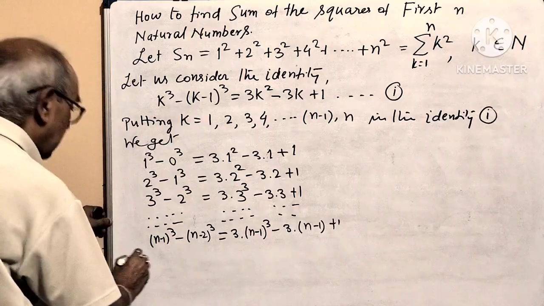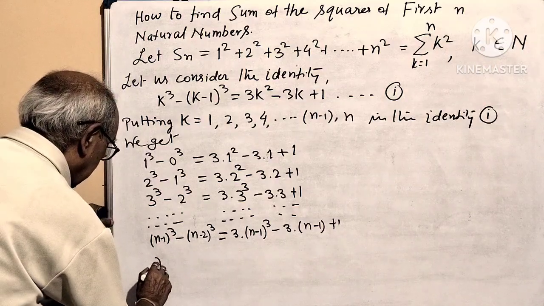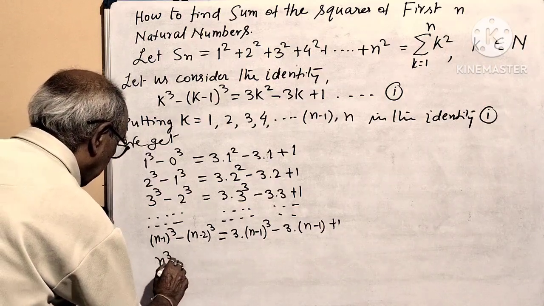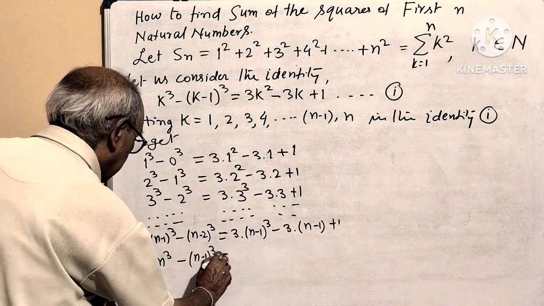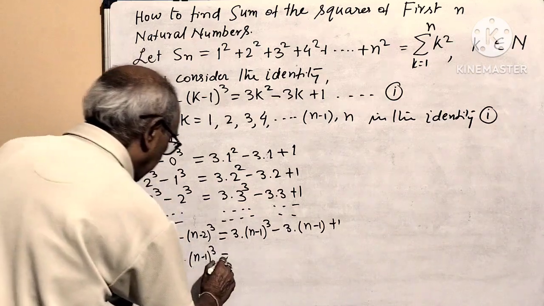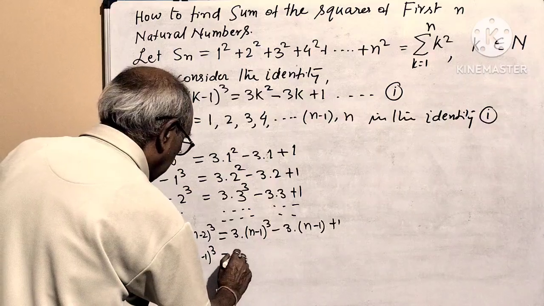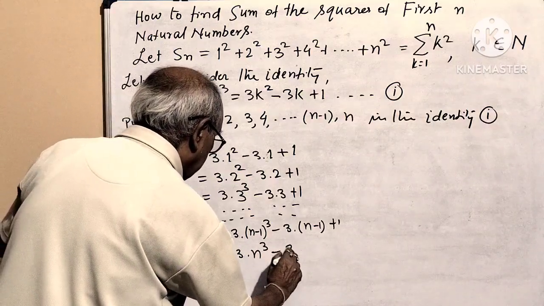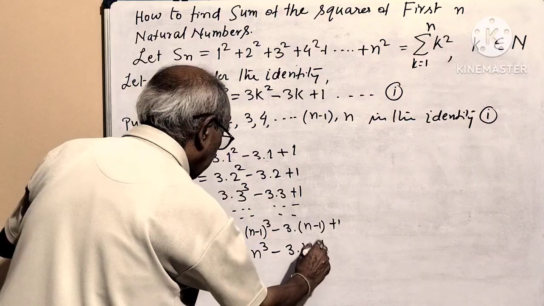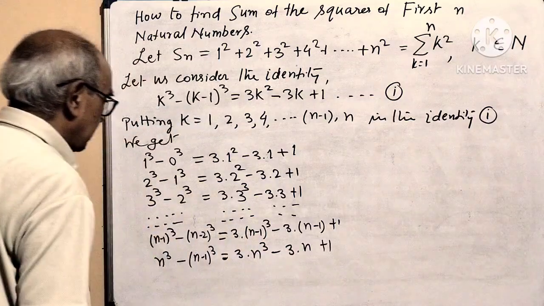If k equal to n, then n cube minus (n minus 1) cube equal to 3 into n square minus 3 into n plus 1.